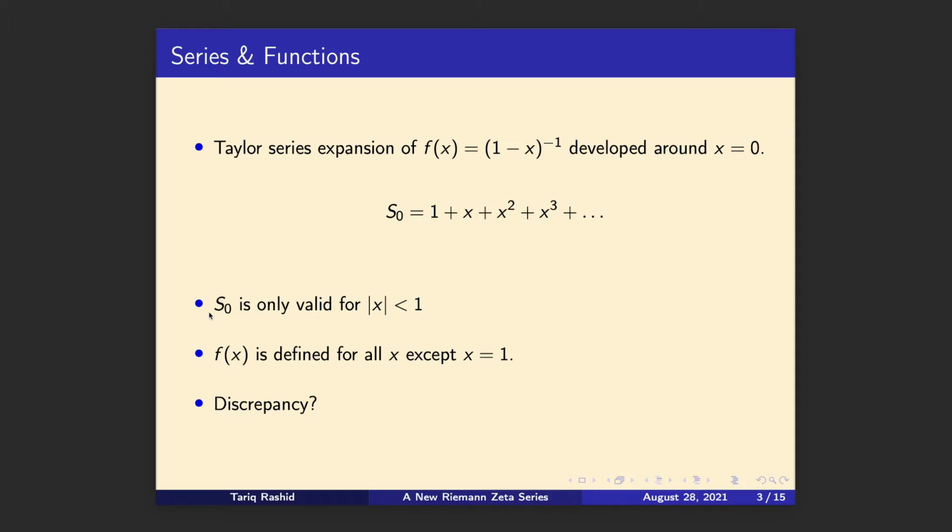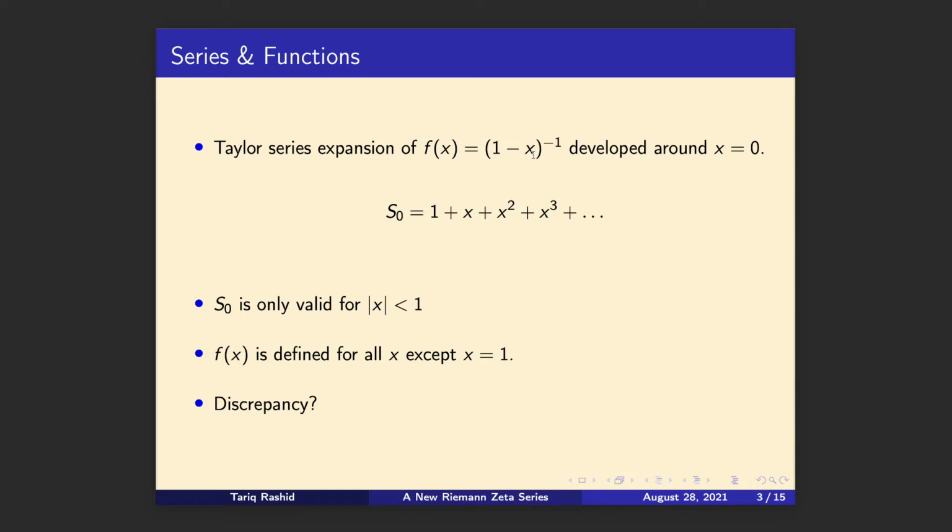So let's look at a simpler problem, a simpler bit of maths, and understand the concept of extension, and then come back to the Riemann zeta function. So here we've got a Taylor series expansion of 1 over 1 minus x, the reciprocal of 1 minus x. That's a very common thing to do at school.